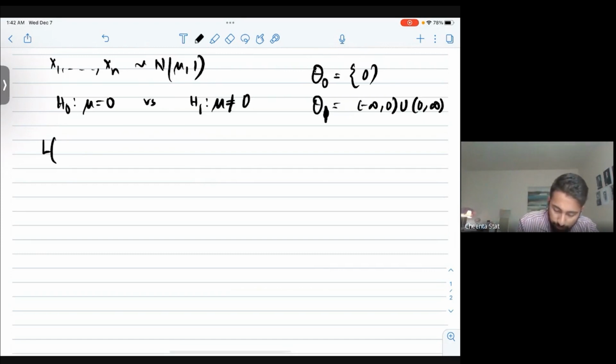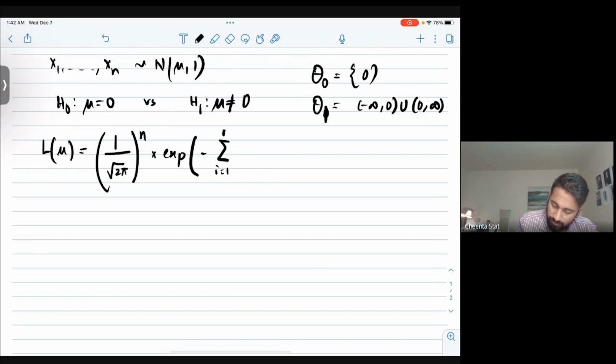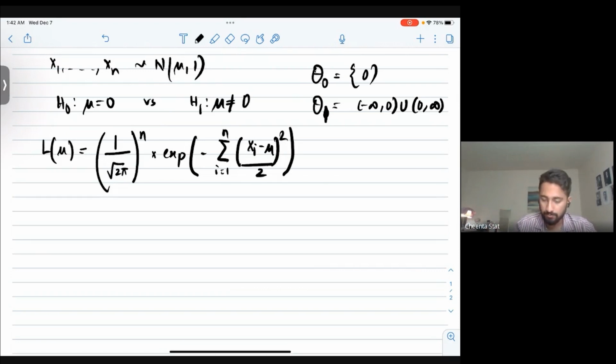Therefore, L of mu is nothing but (1 by root 2 pi sigma) whole to the power n into exponential minus summation i from 1 to n of (xi minus mu) whole square by 2 sigma square, but sigma square is equal to 1.